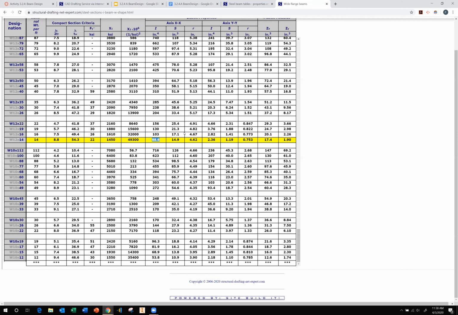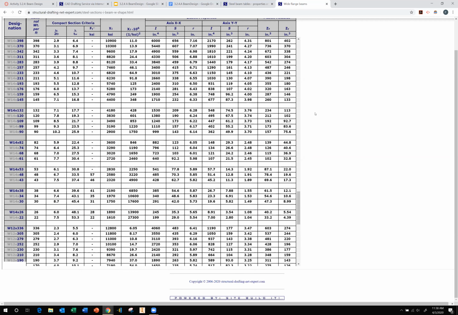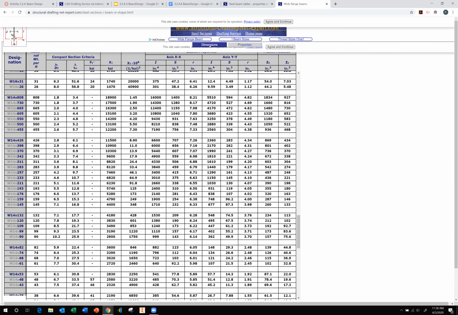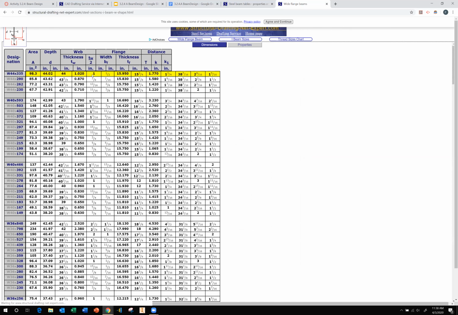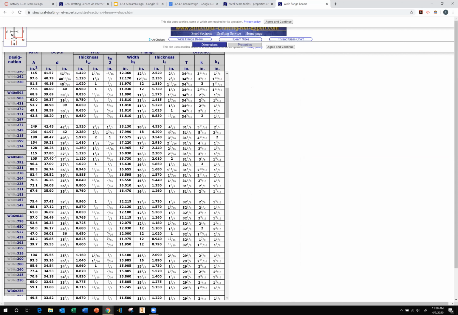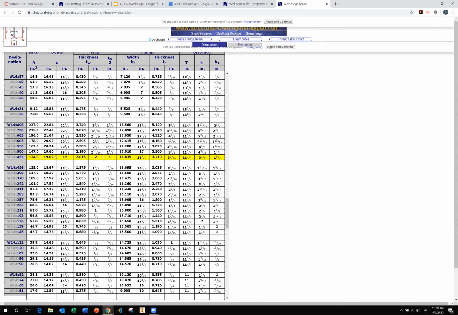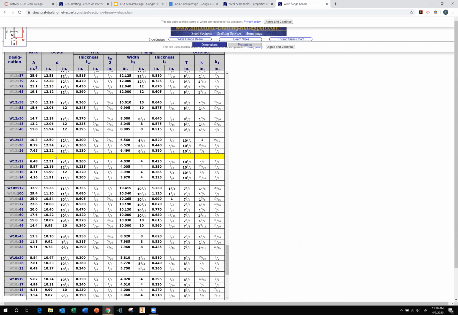I also want to know some other properties about it. I want to know TW and depth. So those don't happen to be on this tab. So I have to scroll all the way to the top, go to the dimensions, and the number I want to know is the depth for a 12 by 14. So I'm going to go find the 12 by 14. It's right there. The depth is 11.91.